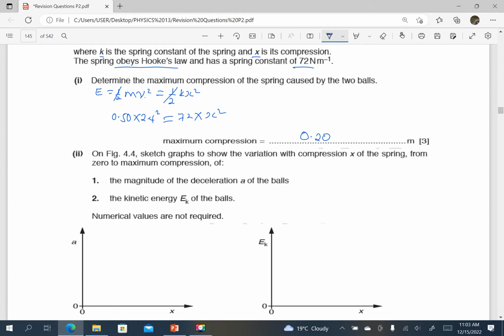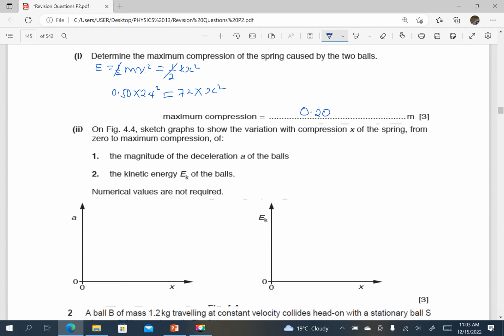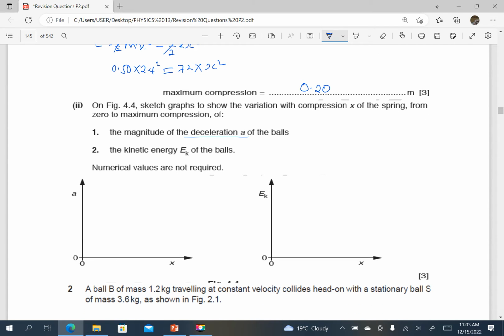On figure 4.4, sketch graphs to show the variation with the compression x of the spring from 0 to maximum compression of the magnitude of the deceleration a of the balls. Since the spring follows Hooke's law, F is equal to kx. As the compression increases, the force increases.